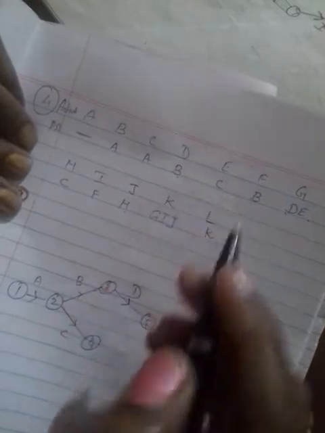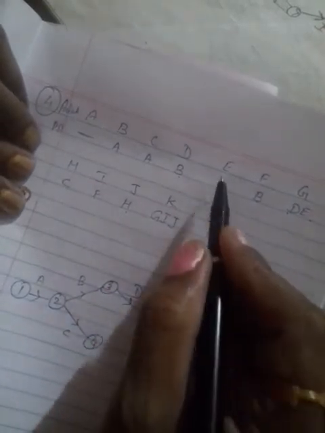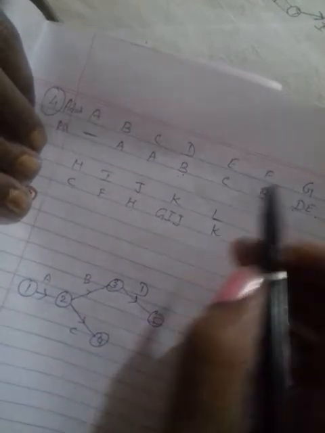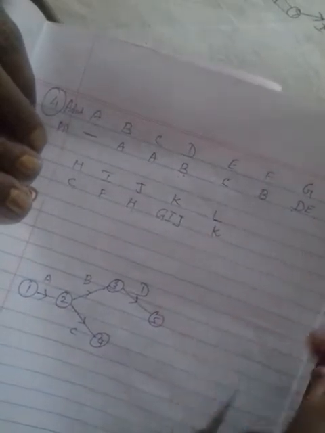Now the 5th node. For D, B is the predecessor, so this is B, no? So I've done that. And for E, C is the predecessor. Where is C here? And if you see the next one, F, B is the predecessor.